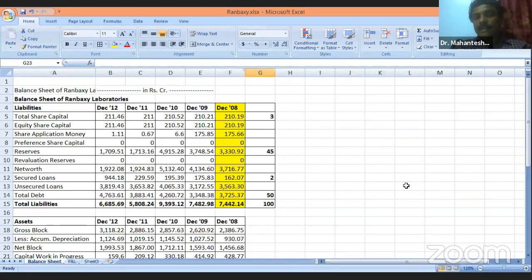Now the whole balance sheet is converted into a common size balance sheet, a common size financial statement. I will show you that live, I have taken this example of Ranbaxy Limited. Any questions on this from the participants?